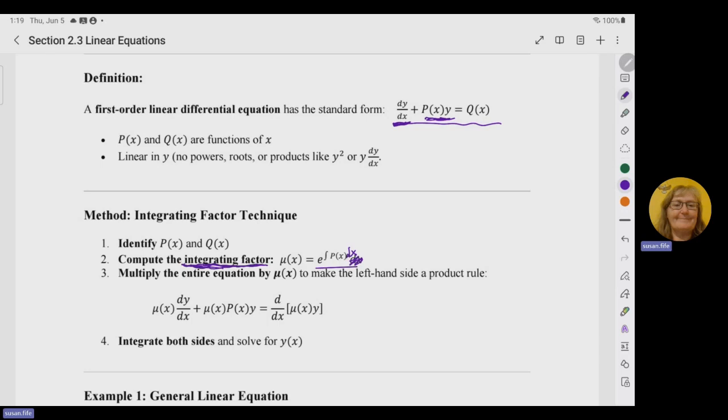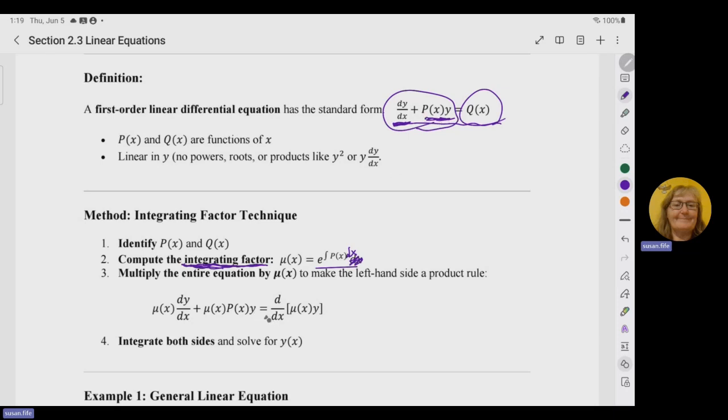When you do that, you multiply both sides of the equation by that integrating factor. Then the left side becomes, this is our mu of x, the integrating factor, mu of x times dy over dx plus mu of x times p of x times y.